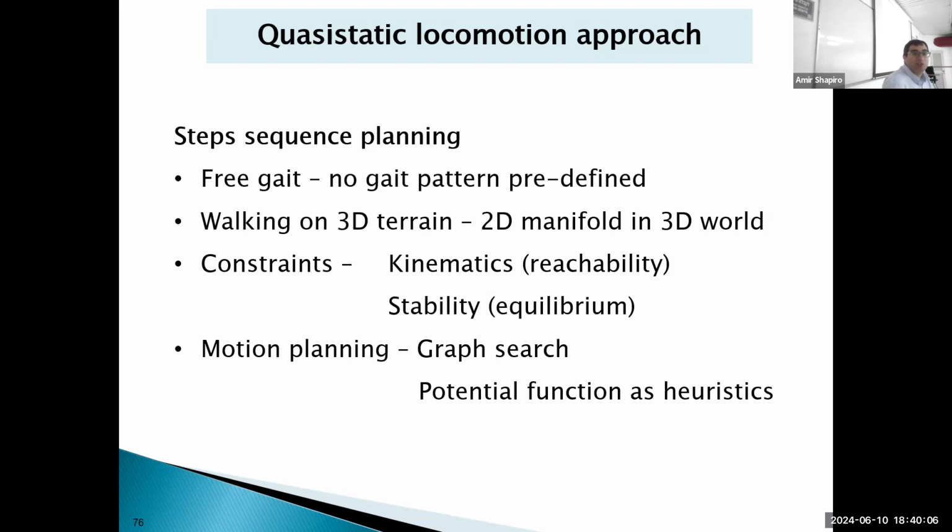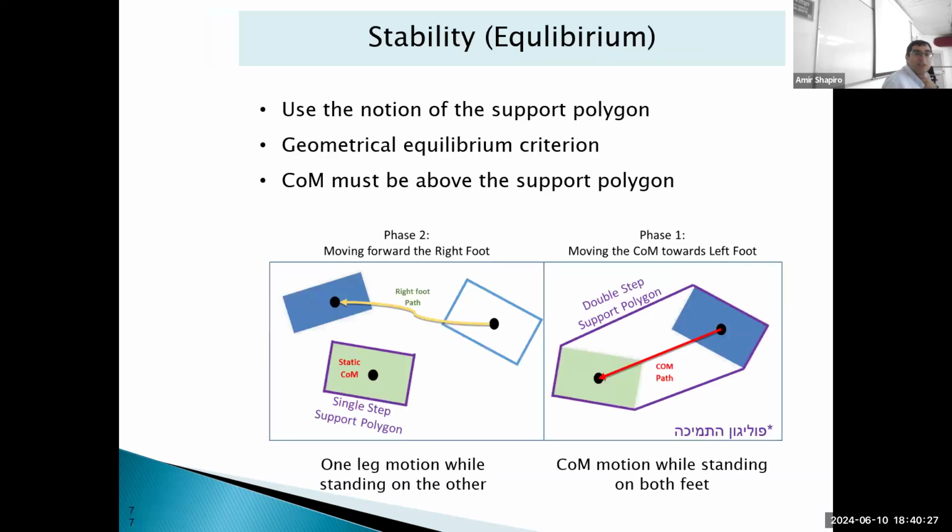There are some constraints. The kinematics is the reachability, how much the leg can move forward and backward and sideways, and also the stability, the equilibrium constraint. And for motion planning, we are doing graph search and potential function as heuristics.